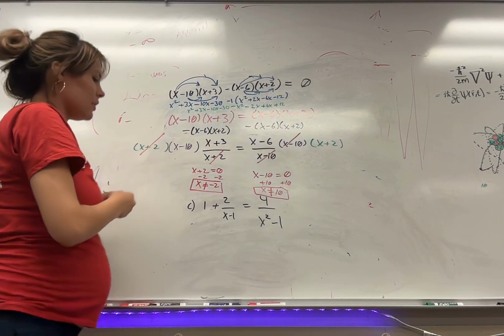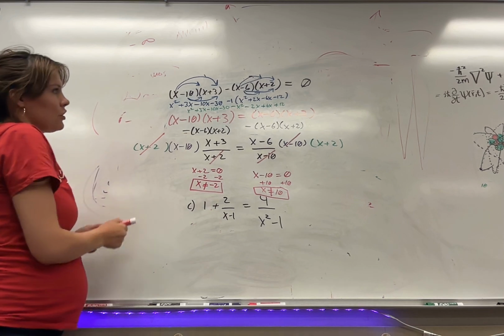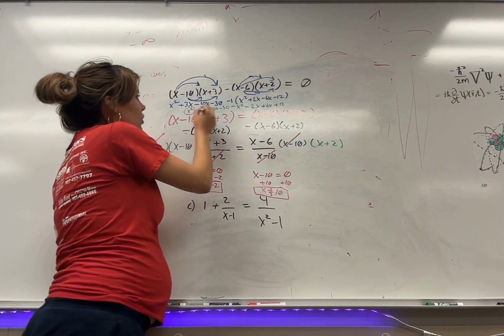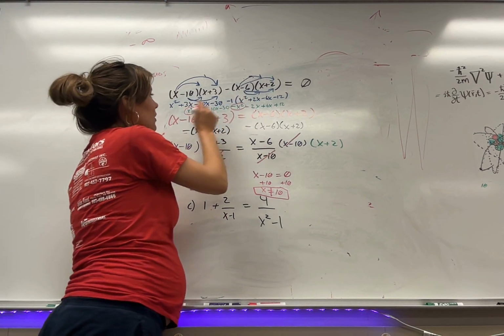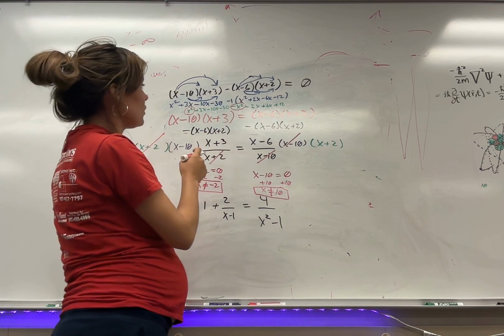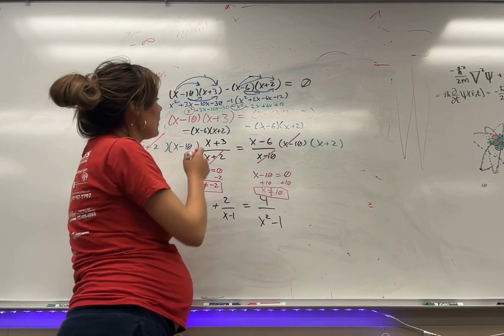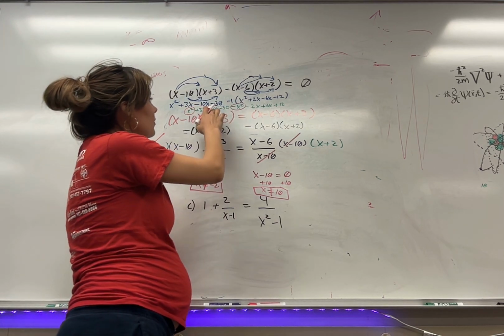Now what's great here is we're going to have some cancellation. These x squared terms go away because x squared minus x squared is 0. Then we have 3x minus 10x.